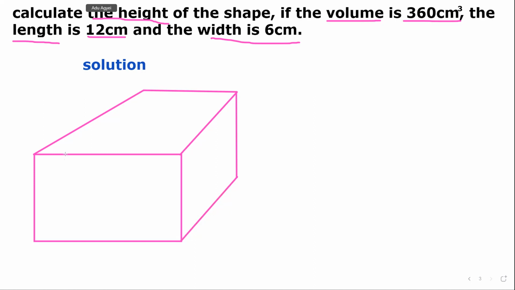Now you first label the shapes here. Let us assume here is the length. And per the question, the length is what? 12. Okay, 12 centimeters. And here the width is 6 centimeters.